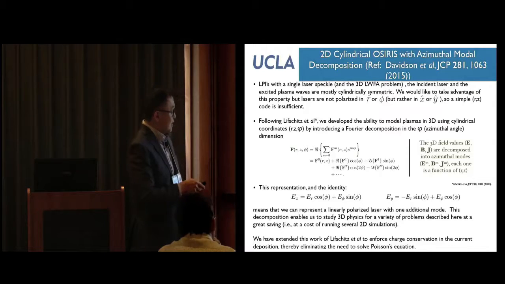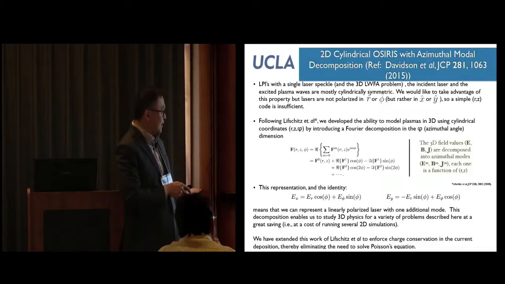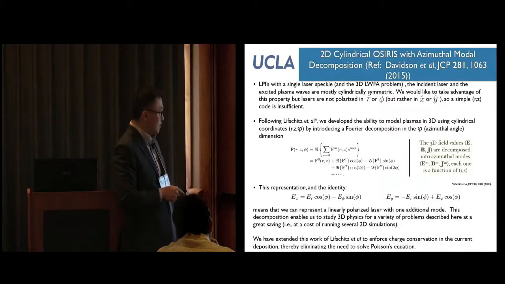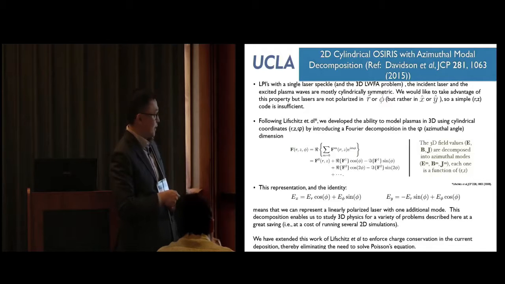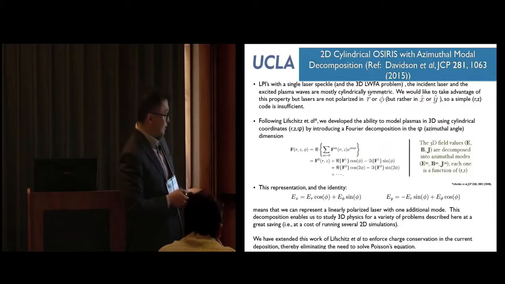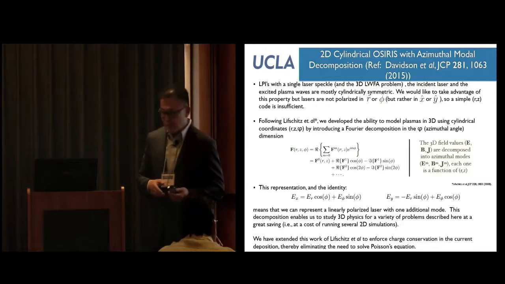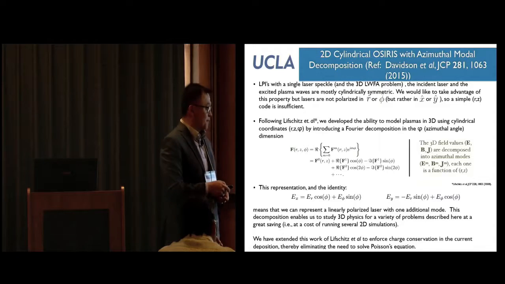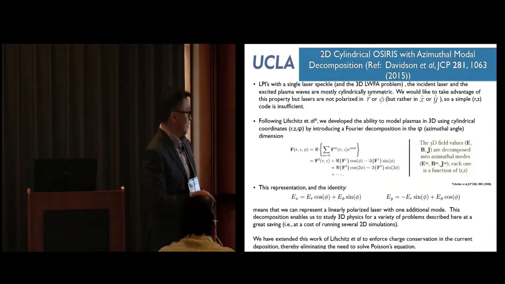Using this decomposition and the simple identity that Ex and Ey can be written in terms of Er and E phi, you can model a linearly polarized laser with one additional mode in phi, and you can do 3D problems at the cost of several 2D simulations. And we have extended this work further to enforce charge conservation and eliminate the need to solve Poisson's equation.